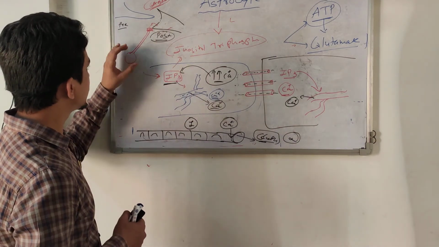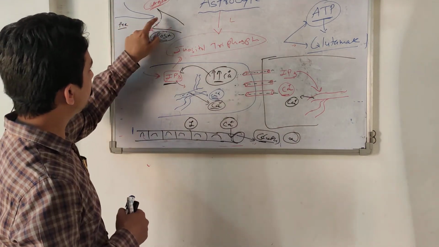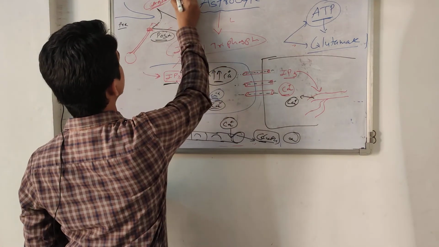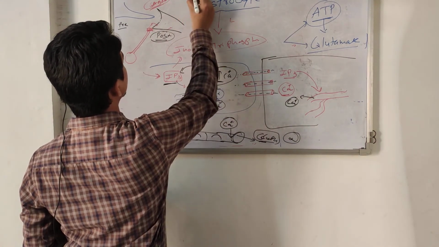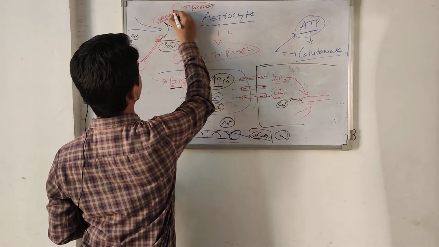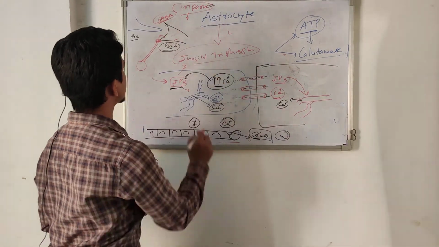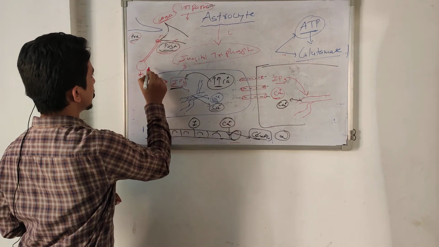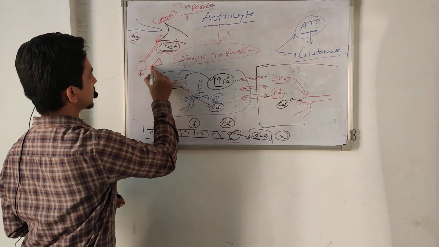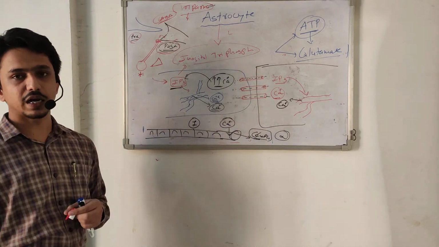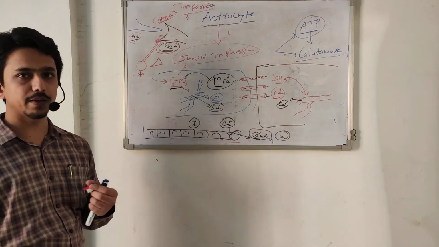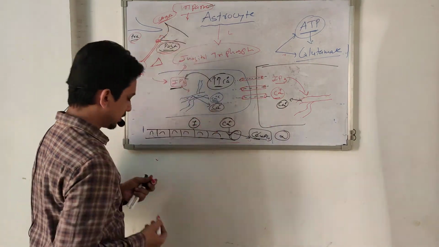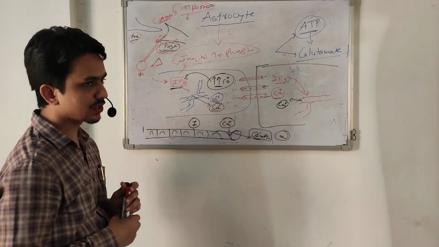So this is three parts. This is called a tripartite synapse, meaning three portions: presynaptic neuron, postsynaptic neuron, and astrocyte. This is a triangle, a tripod. This is called the tripartite theory or synapse. They modulate the synaptic connections.